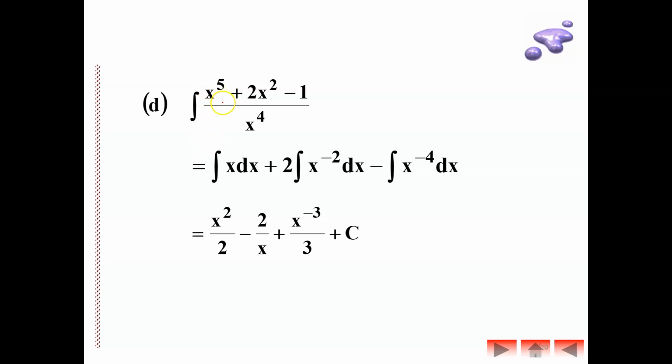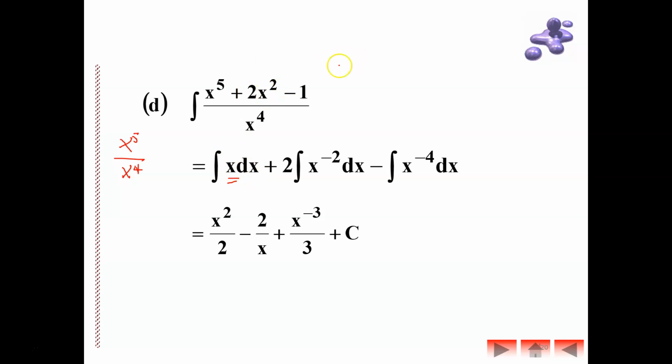Let's say you have x to the power of 5, so you divide by x to the power of 4. x to the power of 5 divided by x to the power of 4, 5 minus 4 leaves x to the power of 1. That's why you get this.